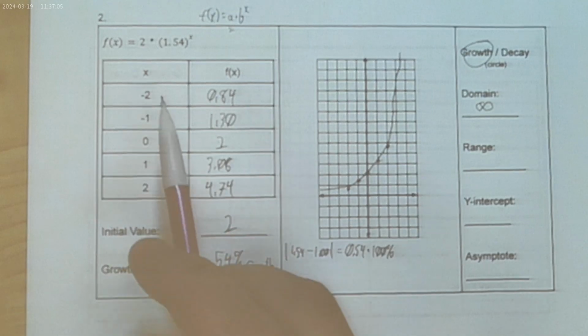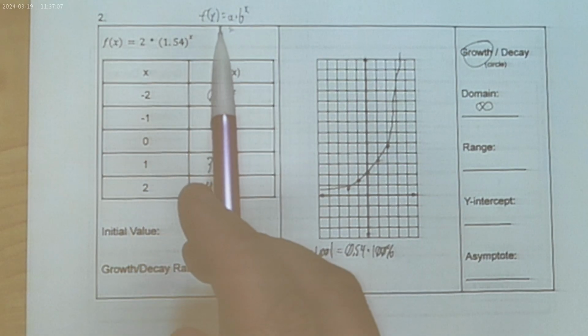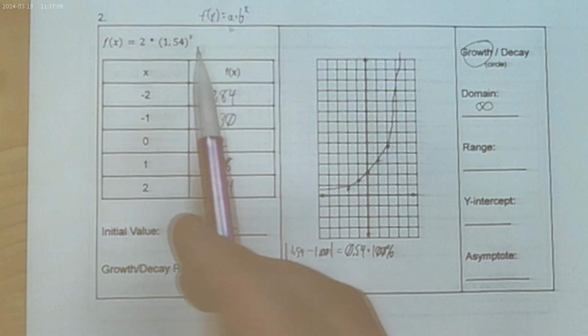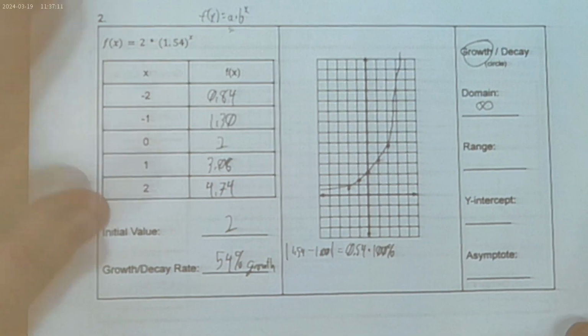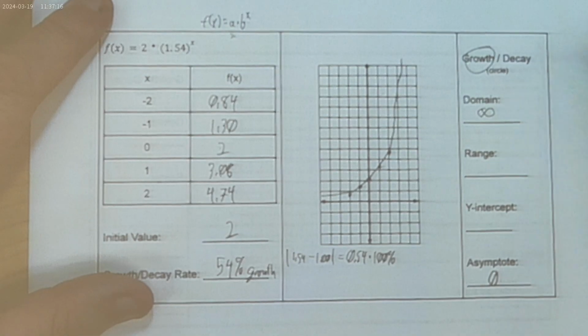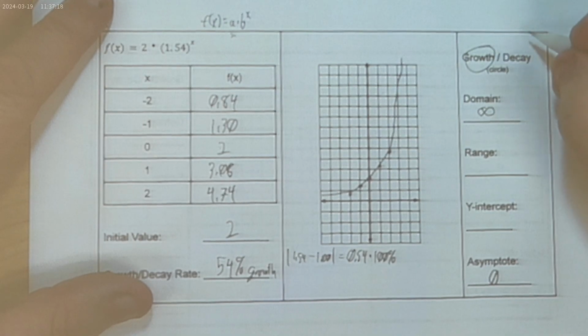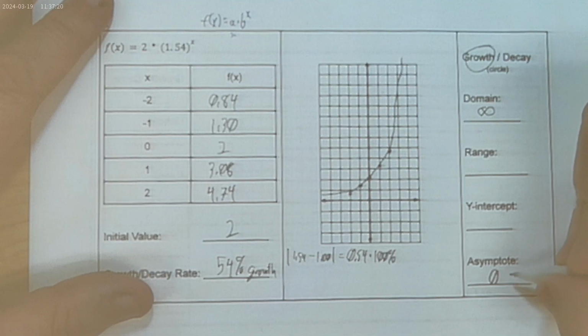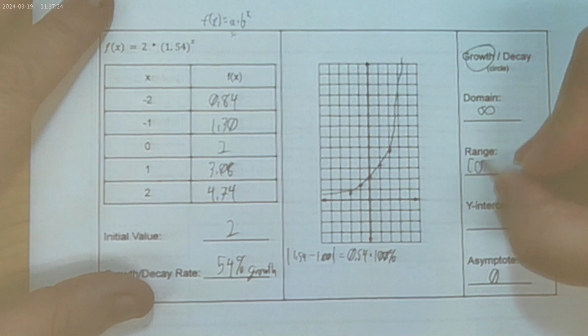Well, if you're looking at an equation that has a times b to the x as its primary shape, then your asymptote is going to be 0. I'm just going to write that down here while I'm at it. But that means that if the asymptote is 0, that also means that the lowest possible value you can get is 0.